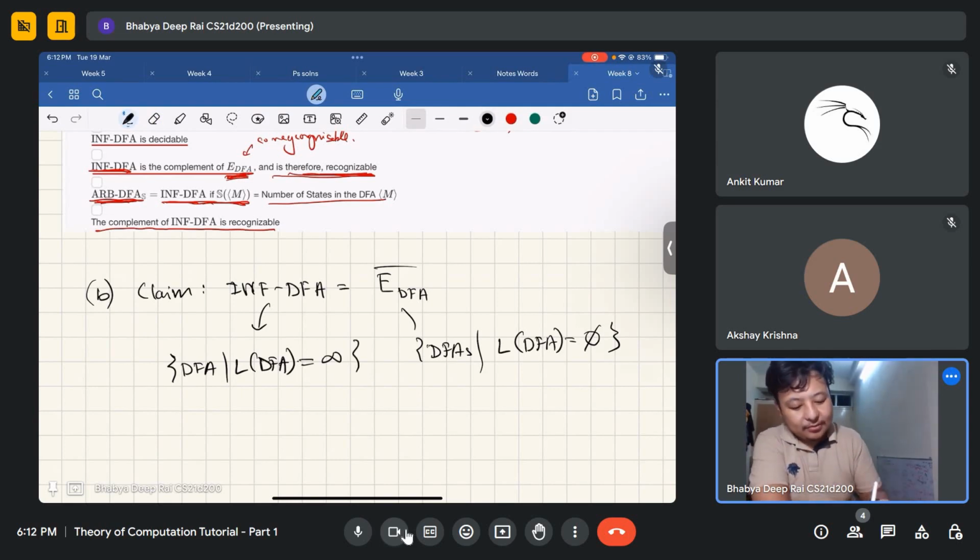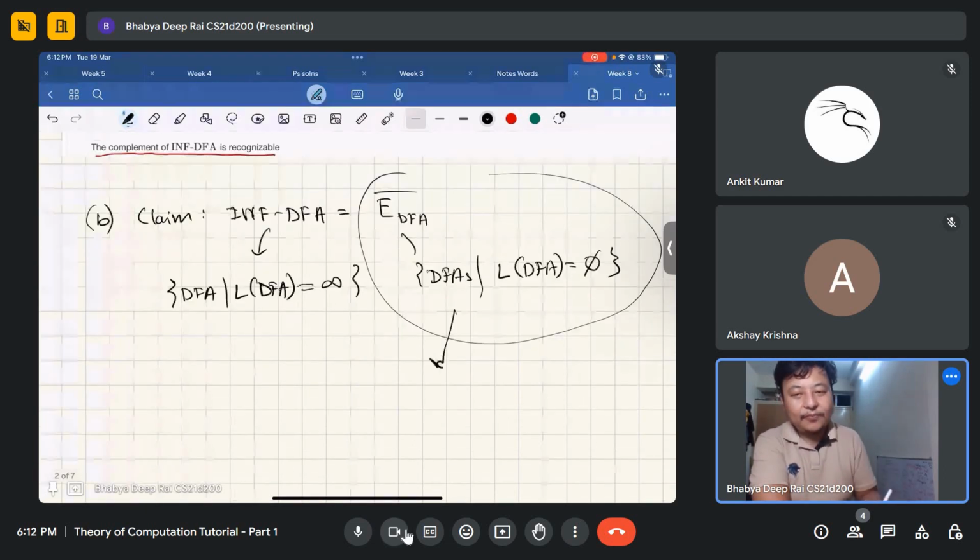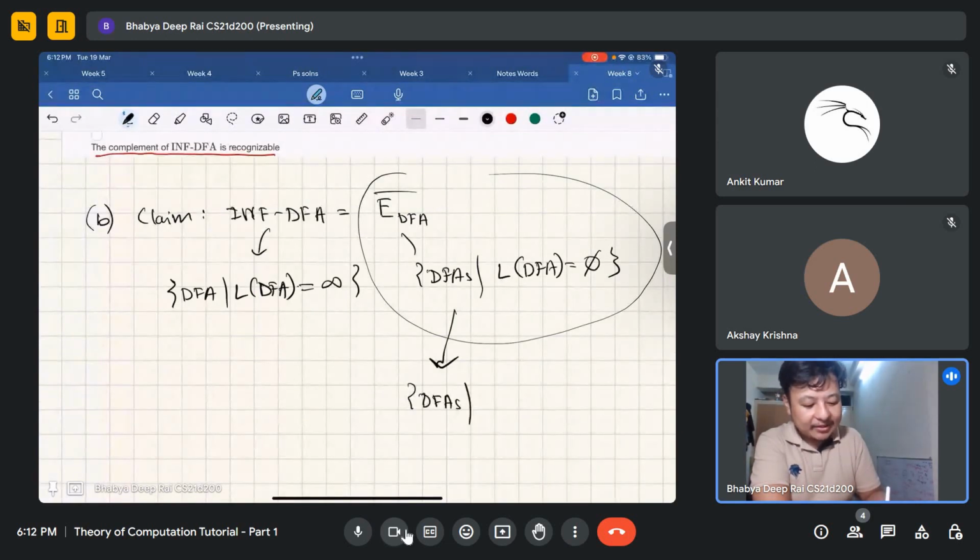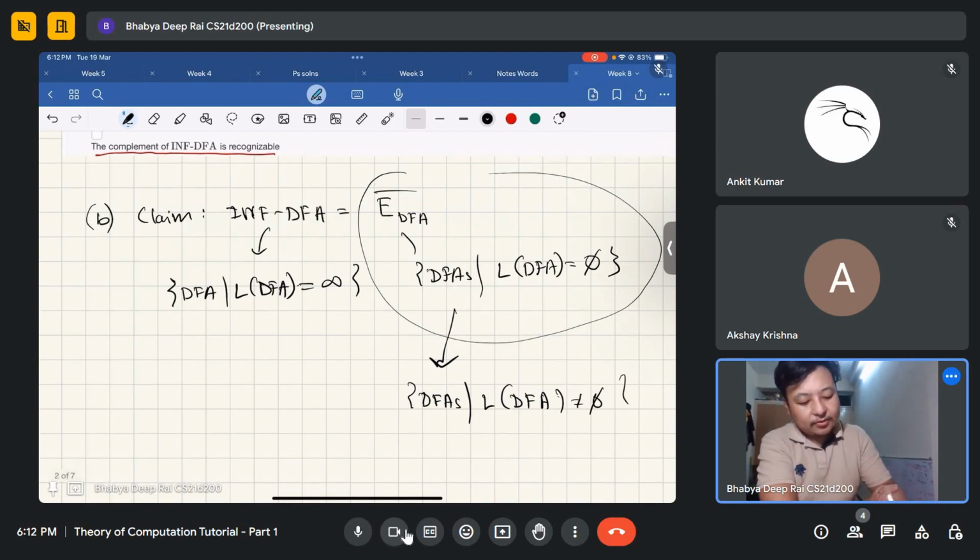Now, what is the complement of this? The complement of eDFA is the set of all DFAs such that the language of the DFA is not empty.